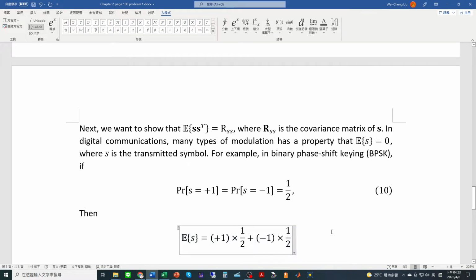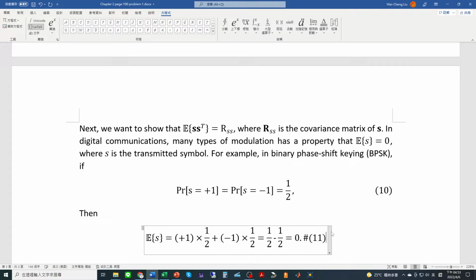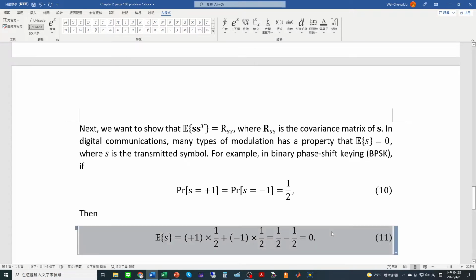Okay, which is equal to 1/2 minus 1/2, which is equal to 0. Okay, this is equation 11. Okay, like this.